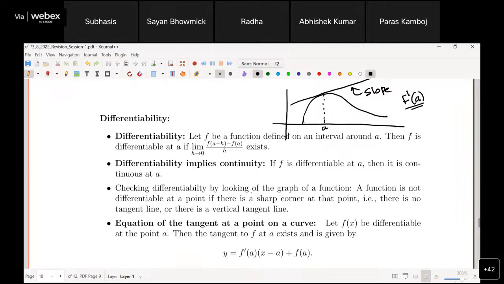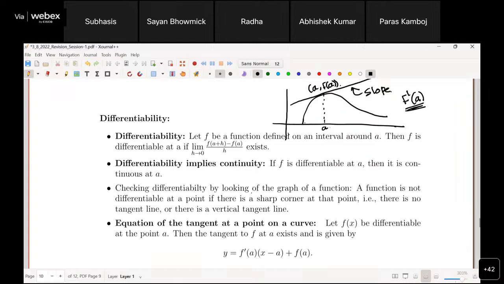Now you know that this line passes through the point a comma f of a, because that is the tangent. The tangent line at a should always pass through this point, and you also know the slope of that line. Once you know the slope and that the line passes through a comma f of a, you can easily find the equation of that line.